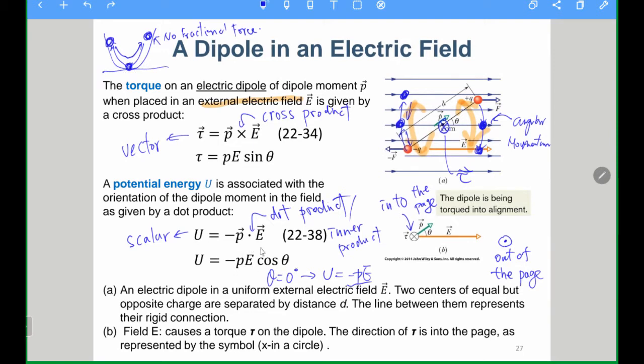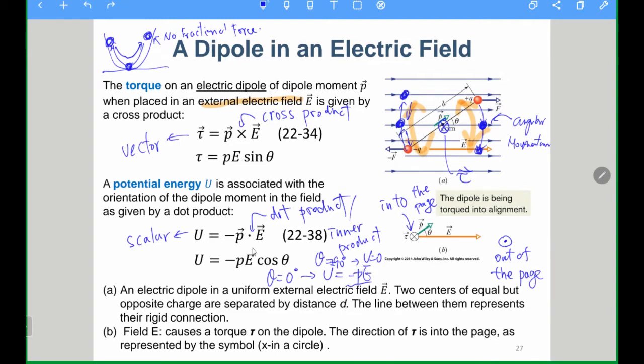For this system, we usually define the middle point to be 0, which means if theta is plus or minus 90 degrees, then U will be 0. You need to define a reference potential, so we usually define 90 degrees to be 0 potential energy.